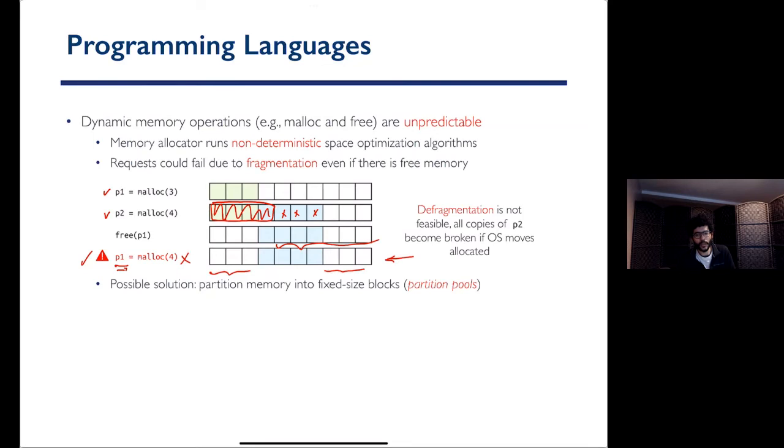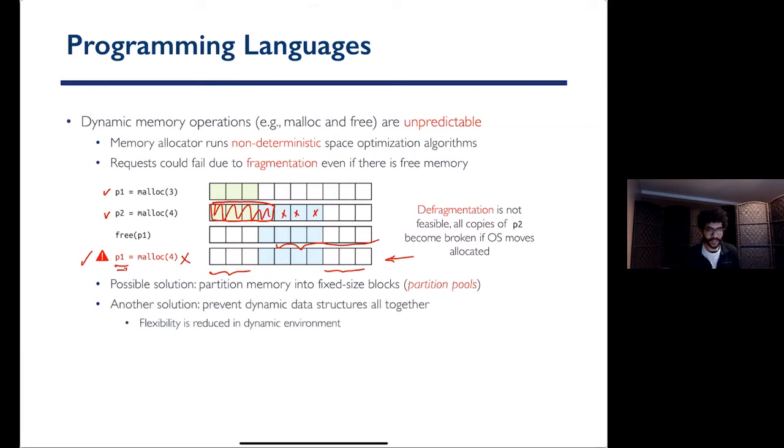But that leads to this problem that we just saw. So we can just say, no, you can't ask for arbitrary memory regions. I'm going to just give you fixed regions. So every time you ask, I'm going to give you 10 bytes, for example. So if you need 35 bytes, you have to send 4 requests. So that's one solution.